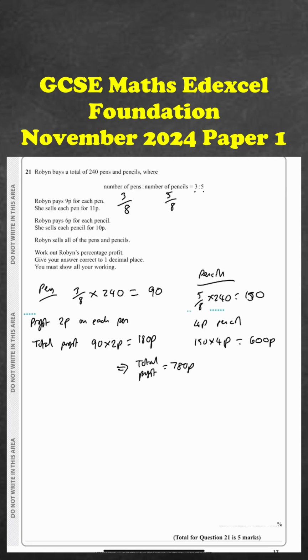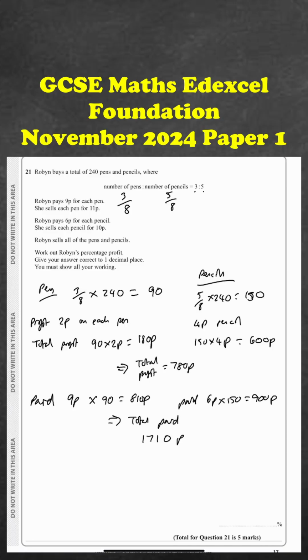Now, we need to work out how much she paid for all of these. So she paid 9p for each pen times 90 for the number of pens is 810p. She paid 6p for each pencil times 150, so 900p. Total paid 1,710p.